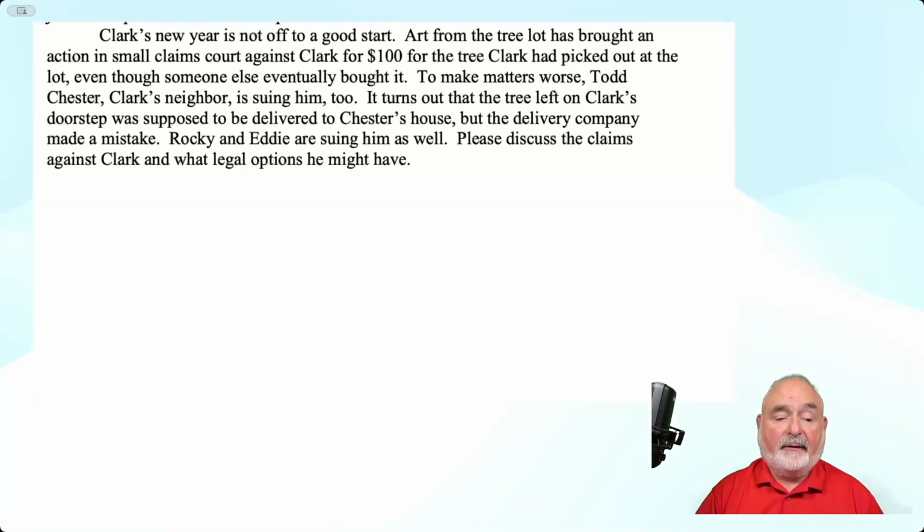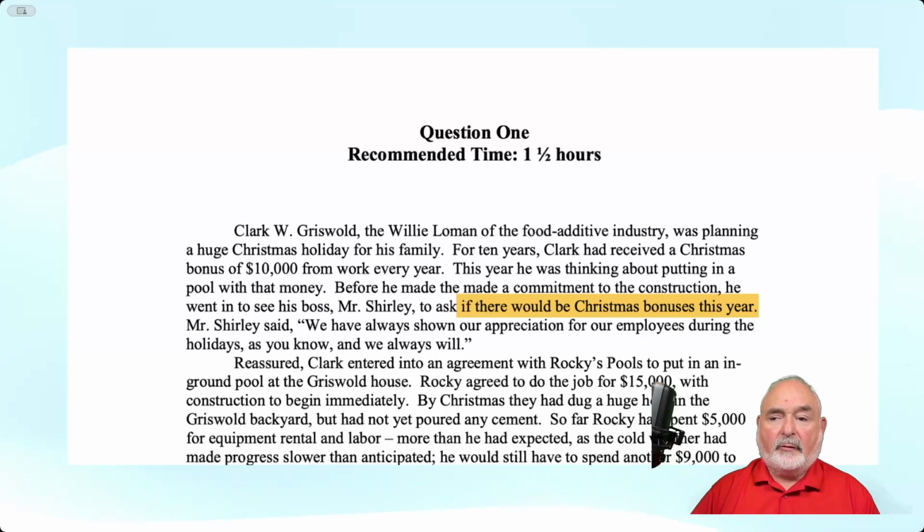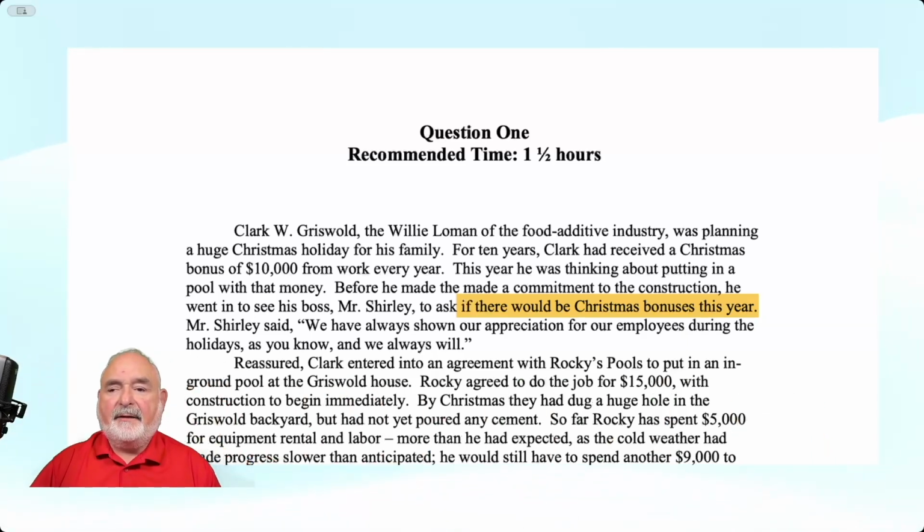So now that we understand the call of the question, we can start looking at the question and making some notes. It's very important that you follow these rules. Here's question 1. It says Clark Griswold, the Willy Loman of the food additive industry, was planning a huge Christmas holiday. He went to see his boss.